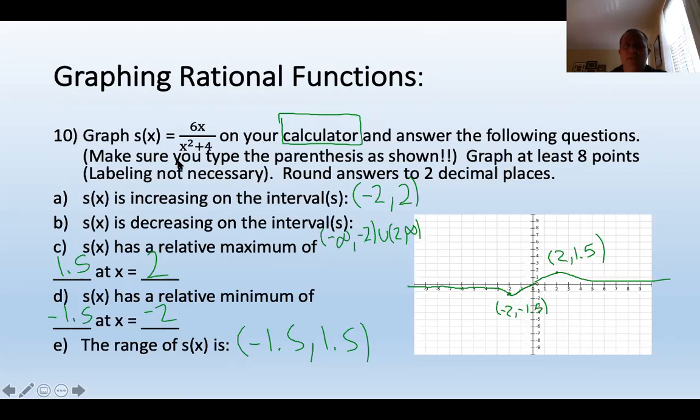And then you do the same thing to find the relative minimum of the function. The relative maximum of the function is (2, 1.5), which I've got plotted here. The relative minimum of the function is (-2, -1.5), which I've got plotted right here.